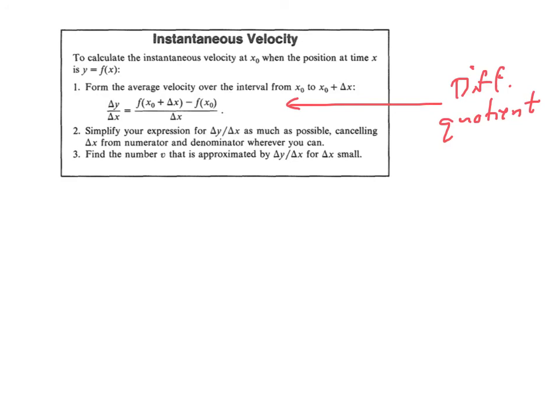That's going to involve multiplying out the numerator, factoring things out, canceling as much as you can, and eventually we hope to cancel delta x from the numerator and denominator. Once we do that, we're going to find the instantaneous velocity by letting that delta x get smaller and smaller, eventually hopefully being able to set that delta x equal to 0. This last step is going to be what we study more when we study limits.